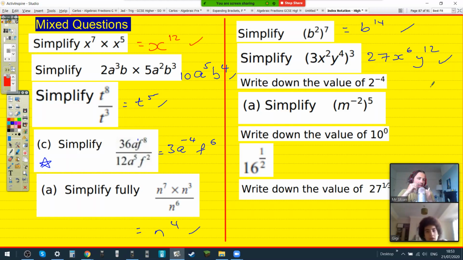2 to the power of minus 4. 1 over 2 to the power of 4.